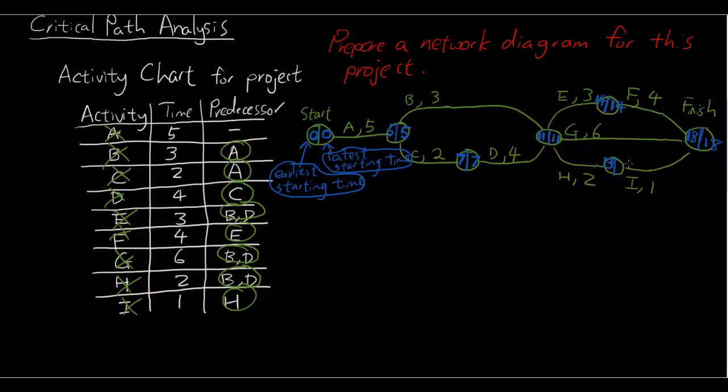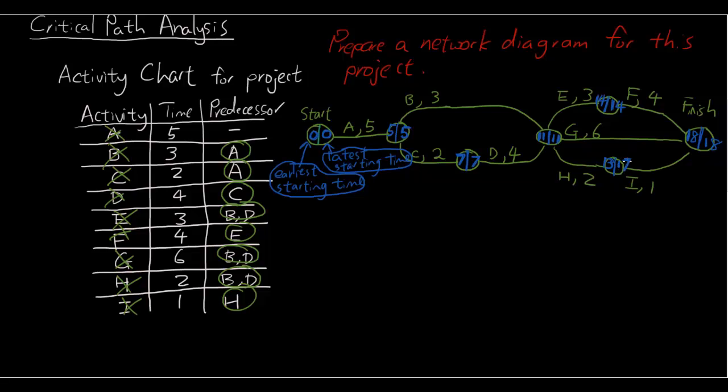But we arrive at this node after H is complete on the 13th minute, and I only takes 1 minute. So what that means is when H is finished, the person who is on this line doing the activity can sit here on this node and wait until the 17th minute.